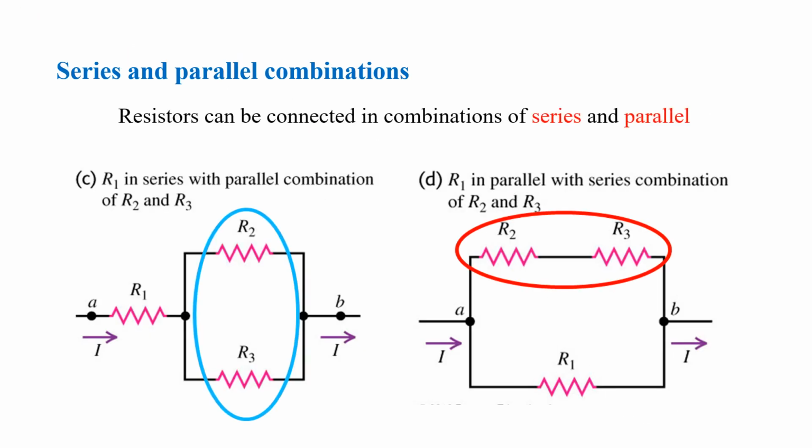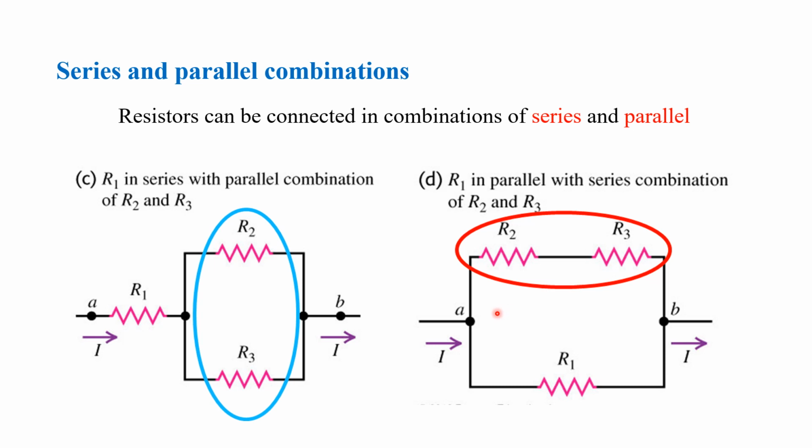Resistors can be connected in combinations of series and parallel. For example, in this figure, you have resistor R1 in series with a parallel combination of R2 and R3. To simplify this, you first simplify the parallel combination of R2 and R3, and then you have a series connection of R1 and the equivalent resistance of R2 and R3.